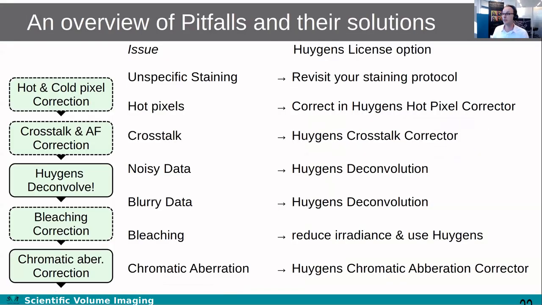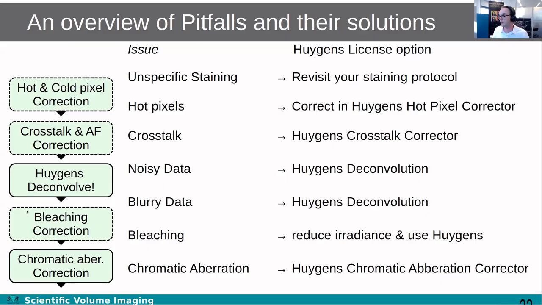Okay, so this is an overview again of the topics that we just covered in this short time period. And again, we have separate videos on these things to go into them in more detail. It's important to cover these in a certain order, and Huygens also assists you. So in the Huygens software, you will find it also repeated in this order. You'll see hot and cold pixels you want to do first, then crosstalk, then deconvolution.